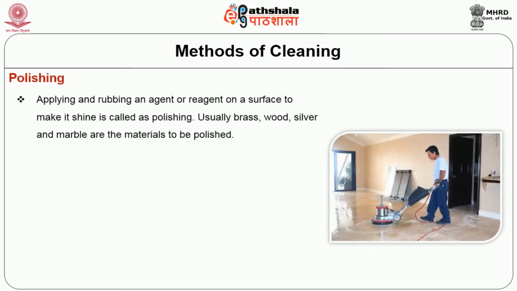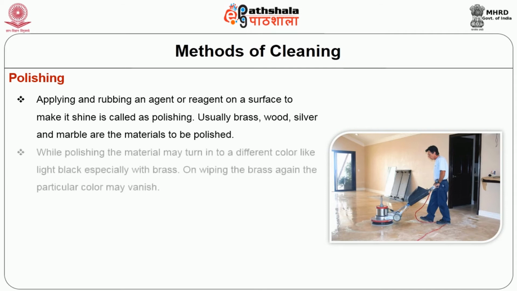Applying and rubbing an agent or reagent on the surface to make it shine is called polishing. Usually brass, wood, silver and marble are the materials to be polished. While polishing, the materials may turn a different color, like light black, especially brass.